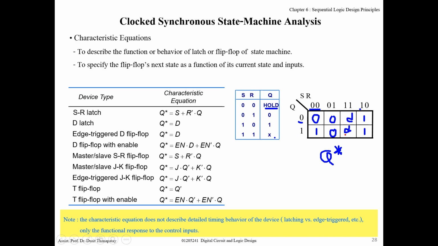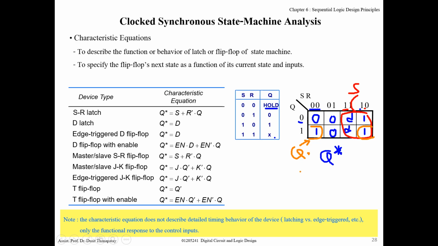So now you can determine the equation, right? Maybe you consider this one, what is it? S is 1, right? So it's S. And for this one, maybe you select this one. So what is this one? It is Q, right? Q and what?